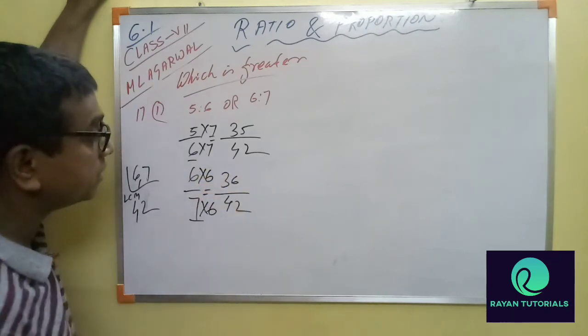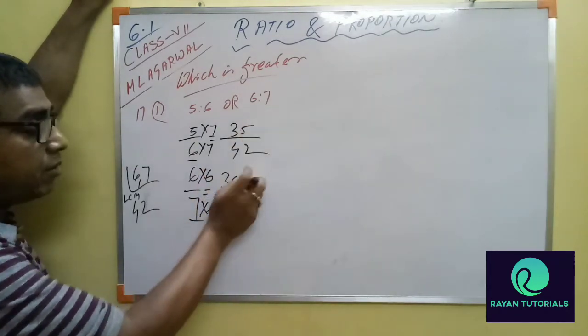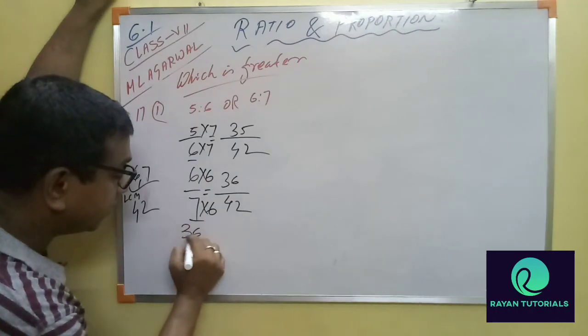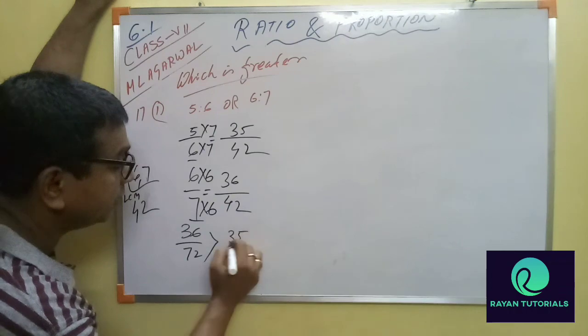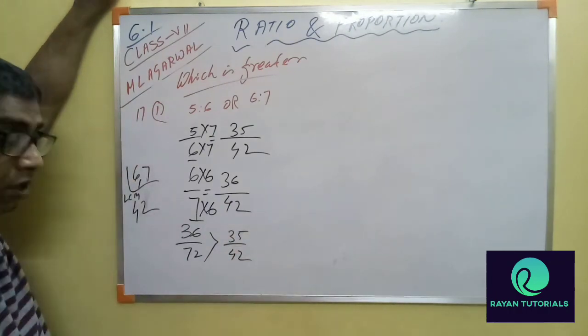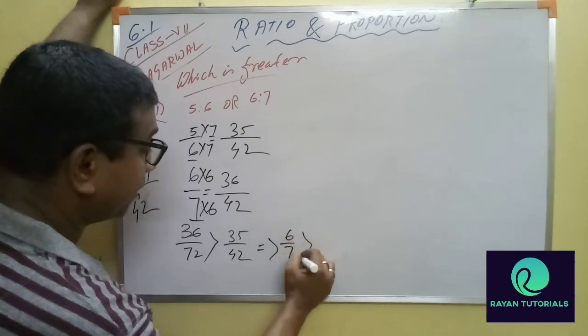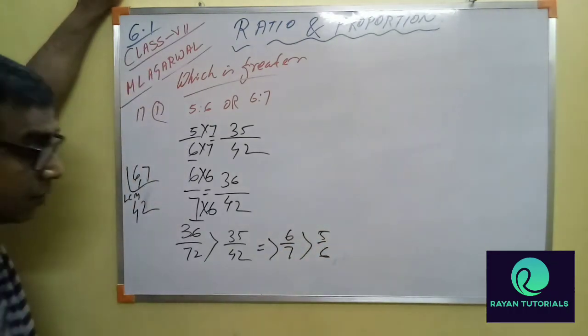This becomes 36. So now see, 42, 42 same. Now which one is bigger, 35 or 36? 36. That means 36 by 42 is greater than 35 by 42. That means I can say 6 by 7 is greater than 5 by 6.